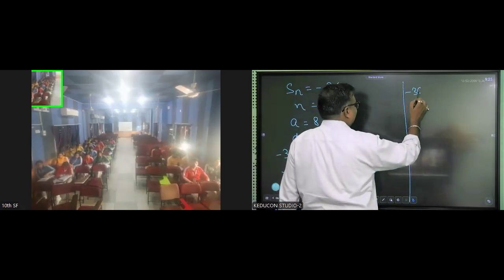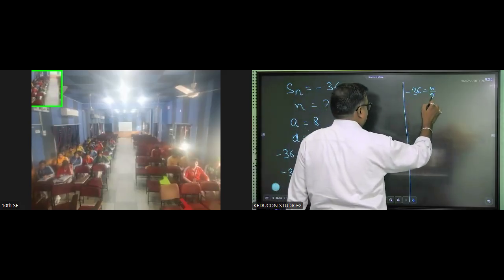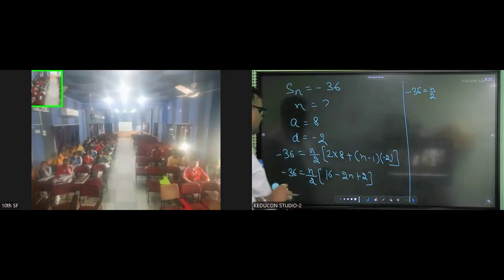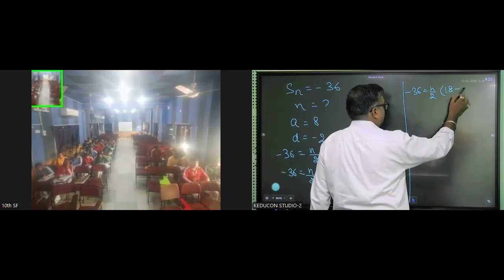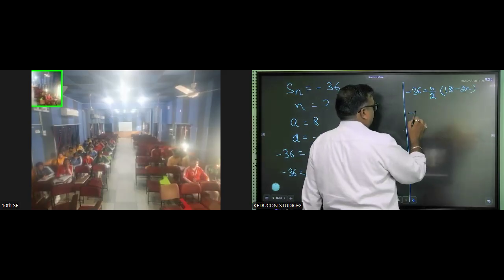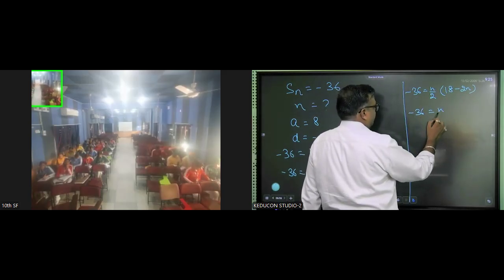Minus 36 is equal to n by 2. This will become 18 minus 2n. Minus 36 equal to n by 2.